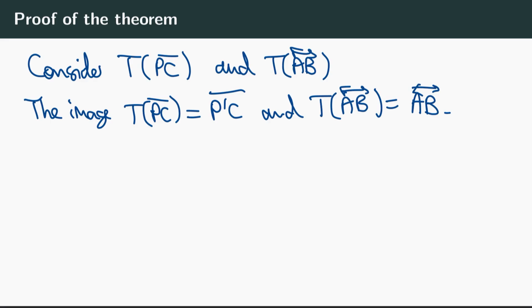On the other hand, by the fact that isometries preserve all of the geometric structures we're interested in, the number of intersections of those two things is the same as the number of intersections of the segment PC and AB.